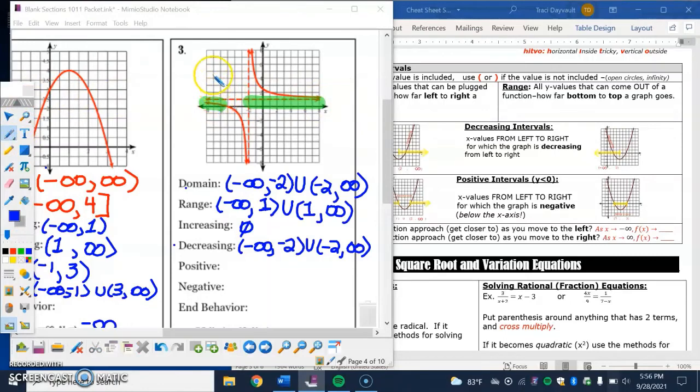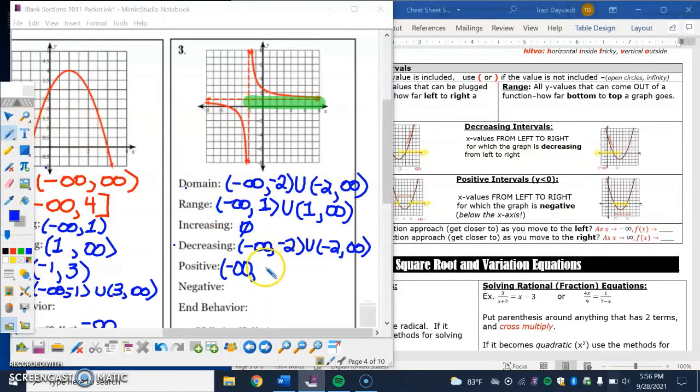The places where it is positive are going to be from -infinity. And then on the x-axis it becomes negative when we get where?